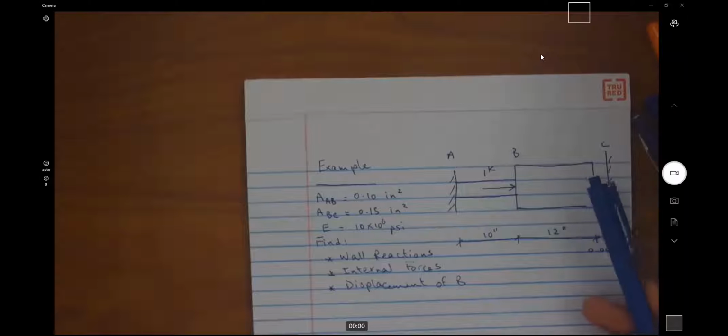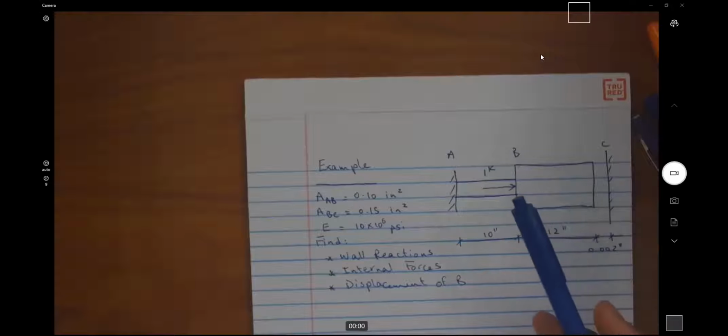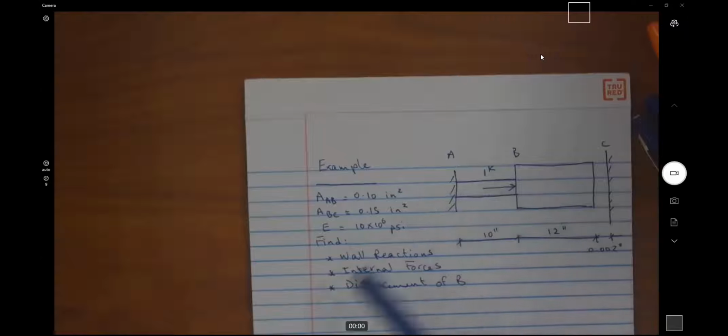And if it pushes back, it puts BC for sure in compression. Is AB in tension or in compression? It is in tension. If B is going to move to the right, then AB must be in tension.